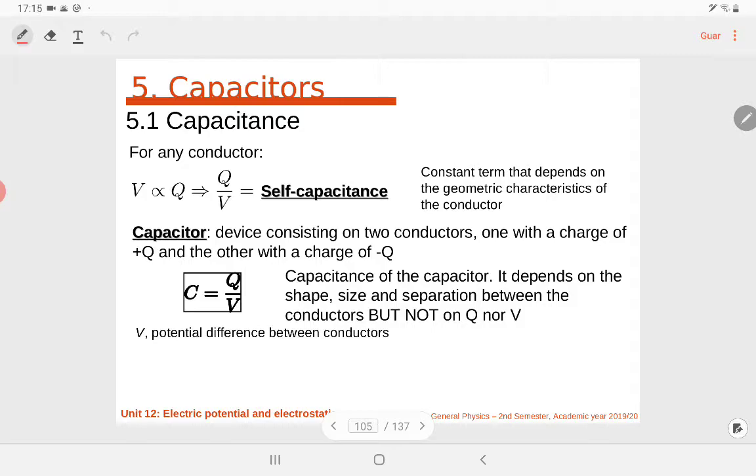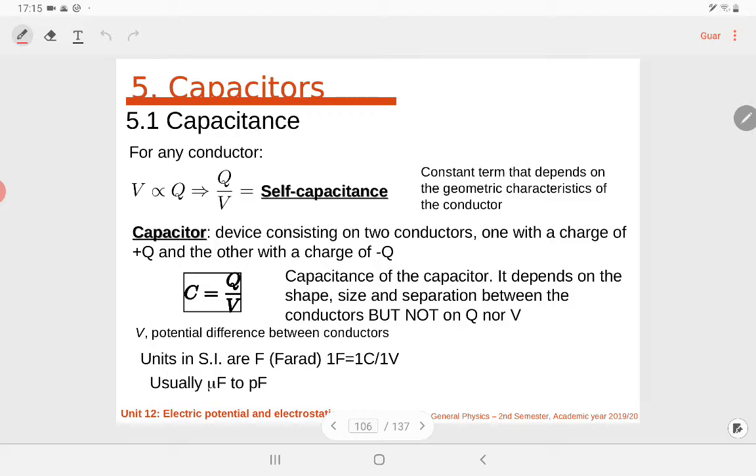Even though the capacitance of a capacitor establishes a relationship between the charge that the capacitor is storing and the potential difference between both conductors, the capacitance does not depend on either of them, but on the characteristics of the capacitor, mainly on its geometry.